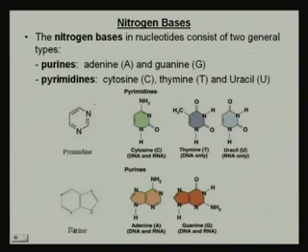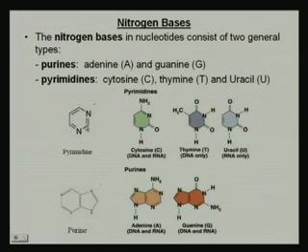Now, if we go further into these derivatives of purine and pyrimidine, we find that adenine and guanine, A and G, the purine derivatives, are both present in RNA as well as DNA molecules.